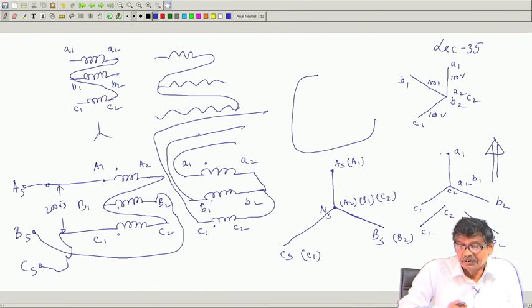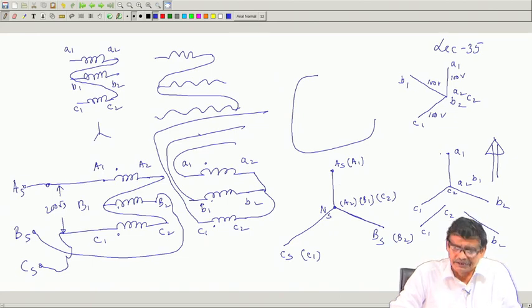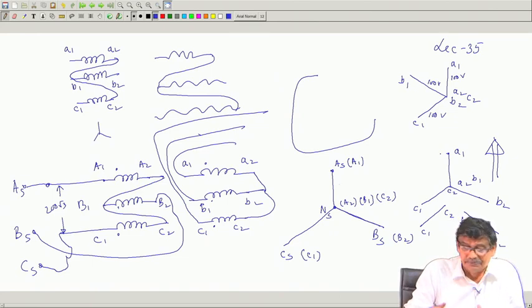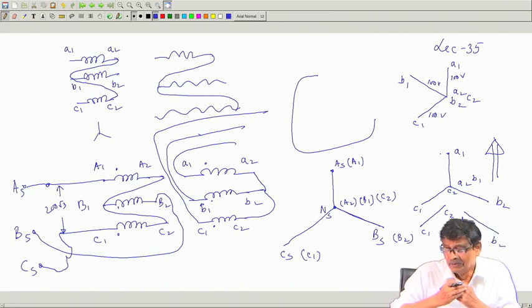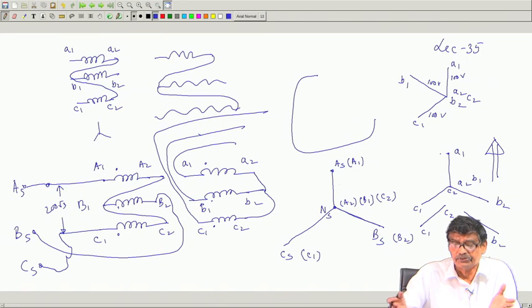and this terminal marking business becomes much more crucial if it is delta connections. Okay, star connection, if somebody connects just like that without any due regard to the polarity, then this kind of situation may happen.